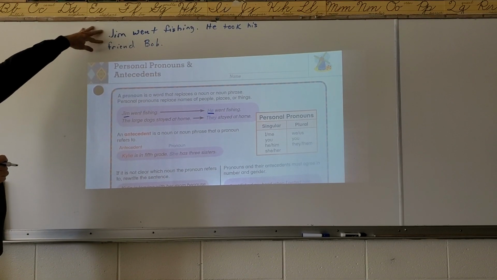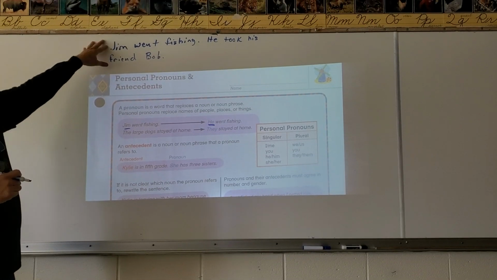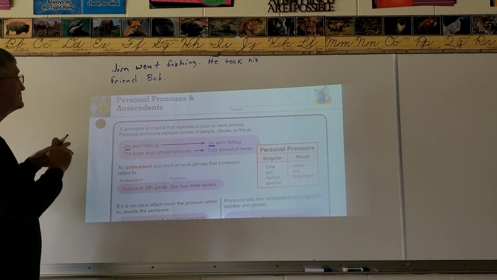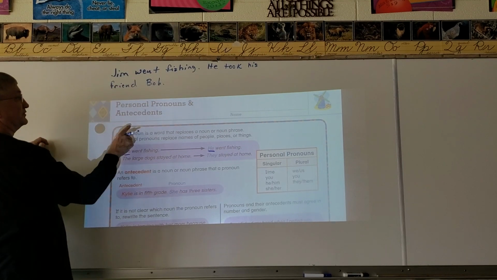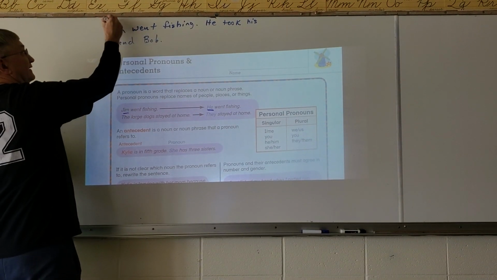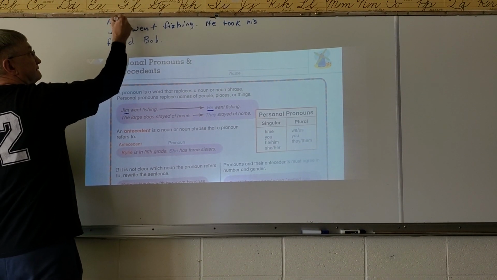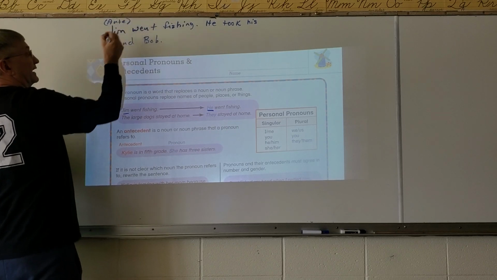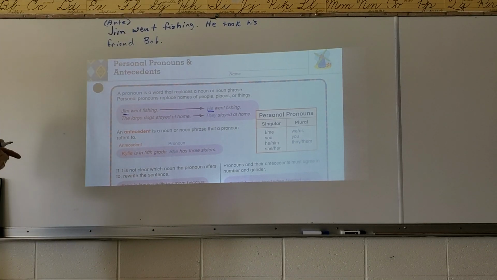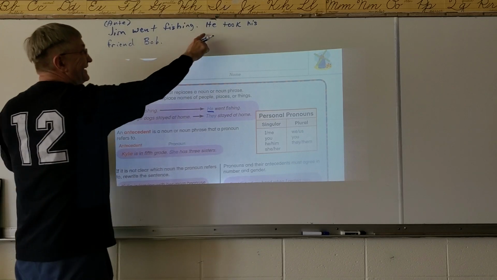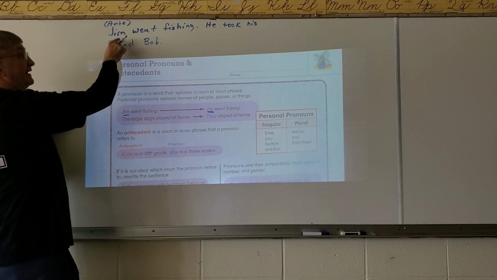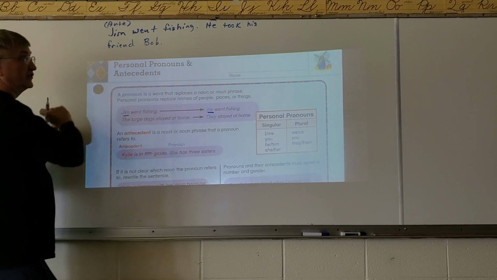All right, so what we're doing here is we have the name Jim, and this isn't a paragraph obviously, but Jim is my antecedent, which is spelled A-N-T-E, I'll abbreviate it. And then the pronoun that it replaces is the term he, because he refers to Jim, and actually his refers to Jim.